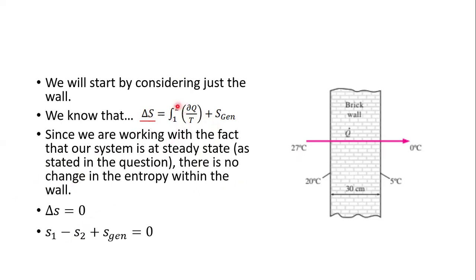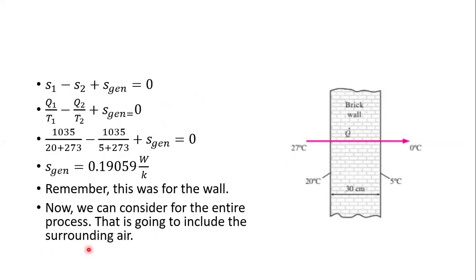And remember, if we are doing it that way, we can take it as entropy at point 1 minus entropy at point 2, plus the entropy generated to be equal to 0. So we can express this as S1 minus S2. Okay. So we have that expression S1 minus S2 plus S generated to be equal to 0. But remember, we also said that our S1 we can represent with Q over T. So that's what we were seeing from this slide.